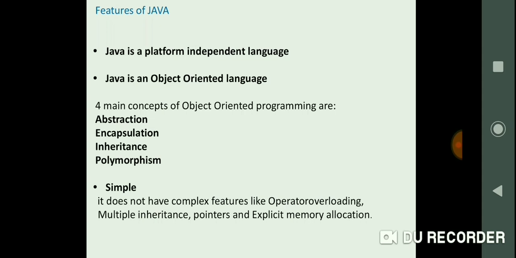That is abstraction. The driver is commonly unaware of how it works, like what exactly happens inside the car. That is, the mechanism of the car is hidden. This is a simple example of encapsulation and abstraction. Now the third feature of Java is that it is simple.